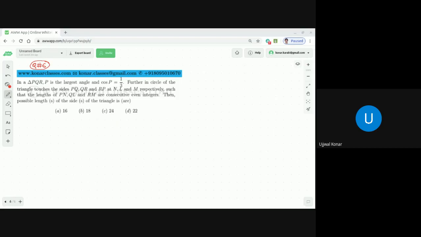If I draw the diagram, okay, so this is a circle, and our triangle is PQR.